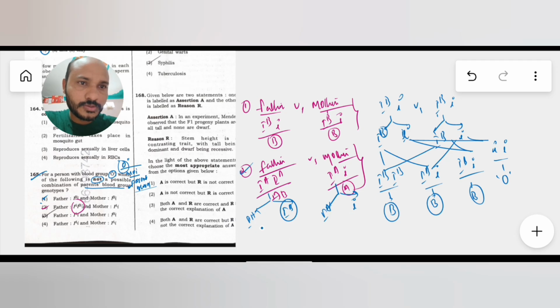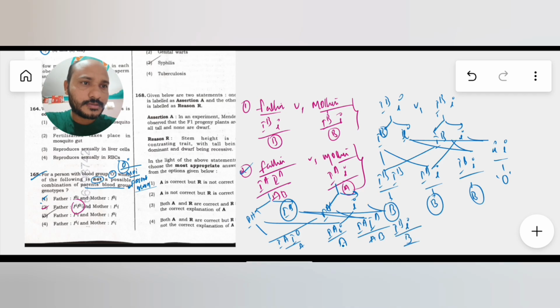Cross multiplication: IAIA means A blood group, IAi means A blood group, IAIB means AB blood group, and IBi means B blood group. So two A, one AB and one B blood group. Here we don't have any O, so a person with O blood group is not possible here.